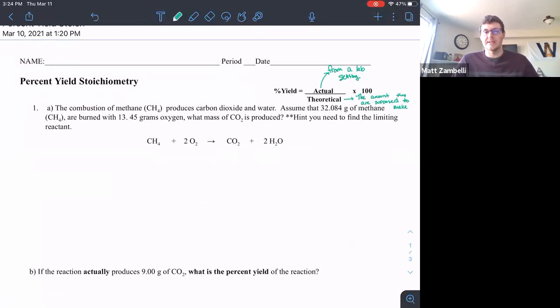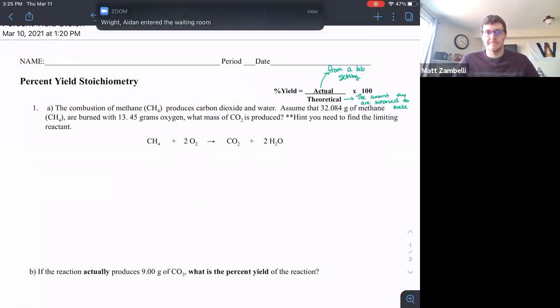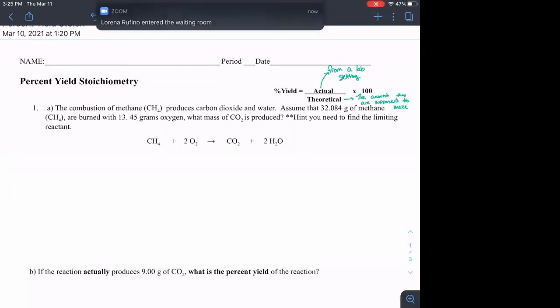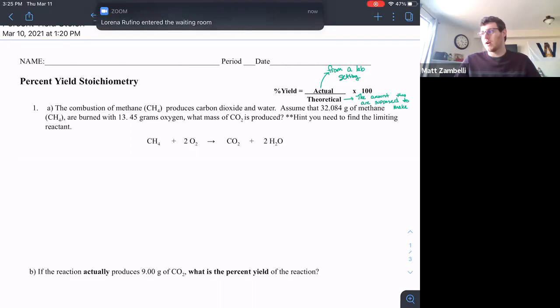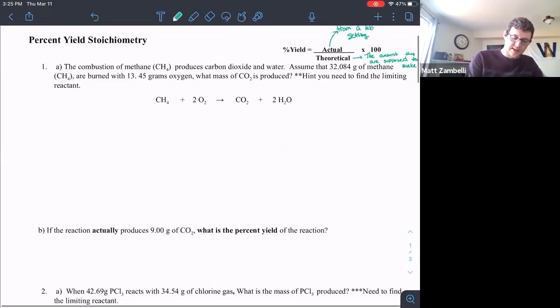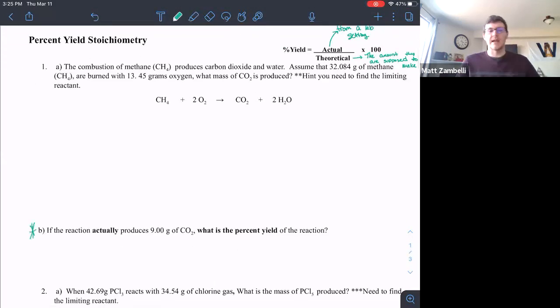Are there any questions on what you need to be doing? All right. I don't want to make you stay if you don't want to go over a practice problem together, because you should be able to do all this. The only new thing is calculating percent yield, and that's very straightforward with actual and theoretical yield.